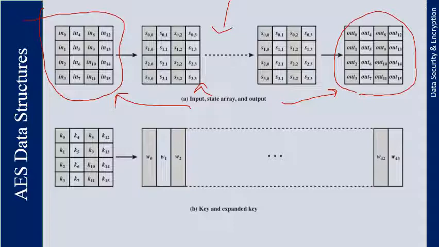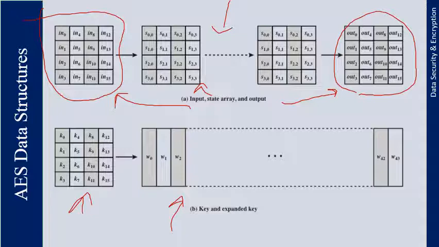Similarly, the key is depicted as a square matrix. Again, the 16 byte key is used, and there will be a total of 128 bits. This key is then expanded into an array of key schedule words. It shows the expansion of the 128 bit key, where each word is 4 bytes, and the total key schedule is 44 words for a 128 bit key.